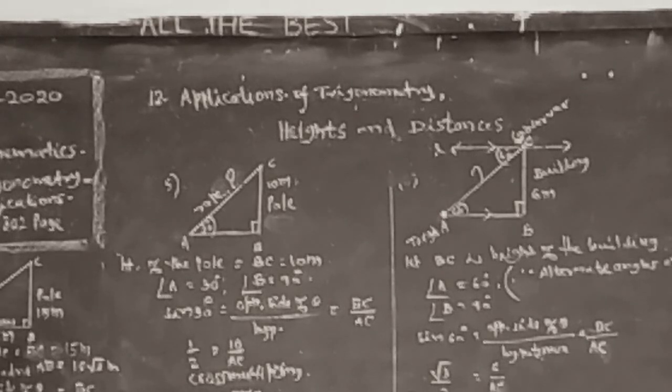So therefore the distance between observer and target is 4 root 3 meters. M stands for meters.